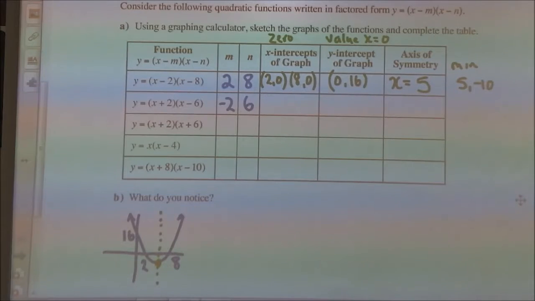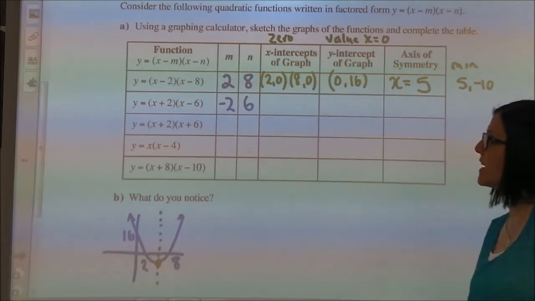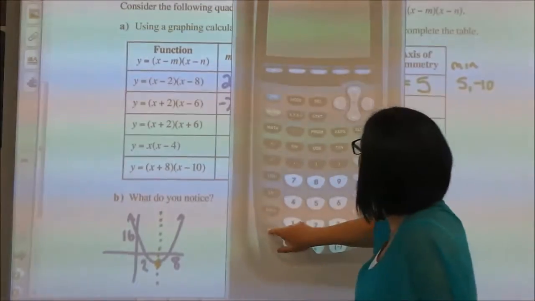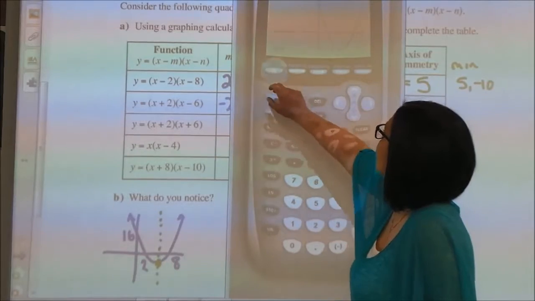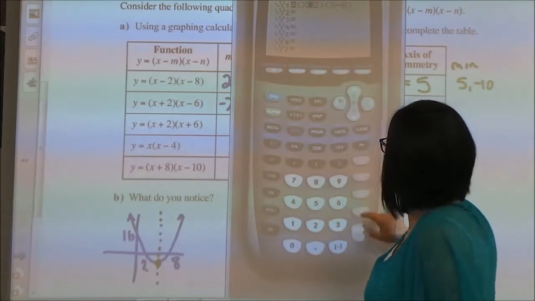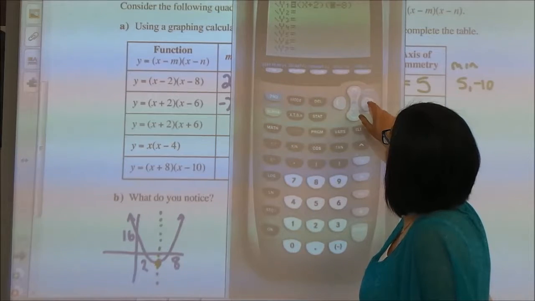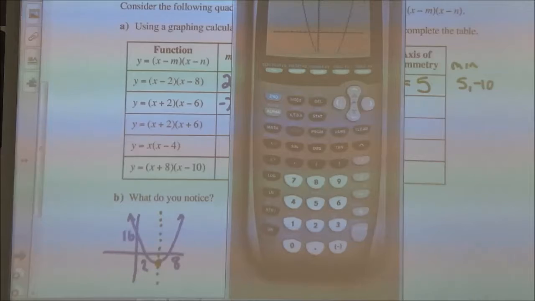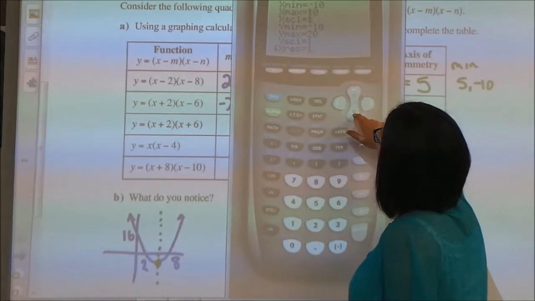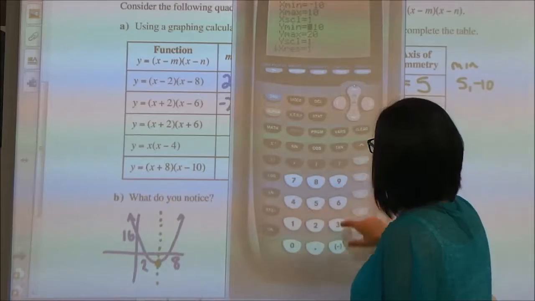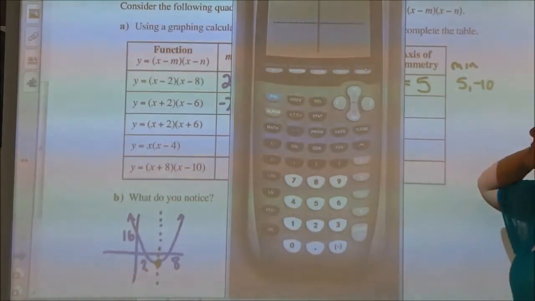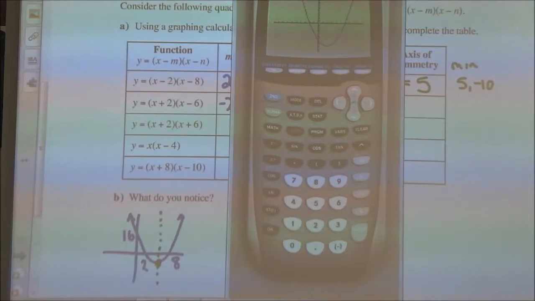Okay, so you guys are going to help me fill in this chart now. If I have x minus 2 times x plus 2 times x minus 6, there's my graph. So adjust my window settings so I can see where it crosses. So what are my two x-intercepts?